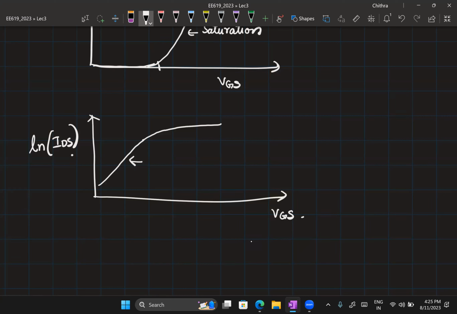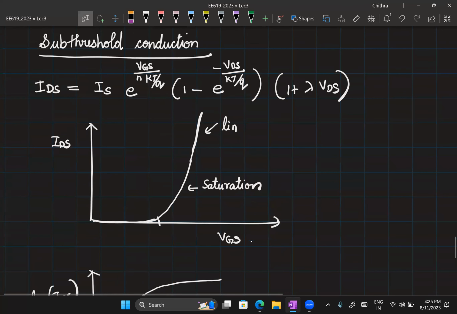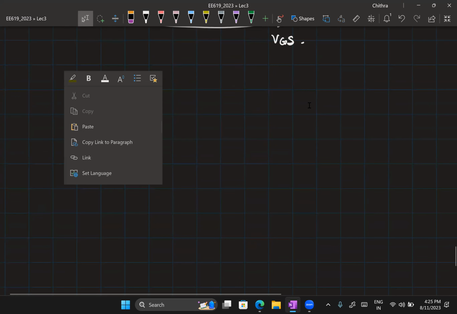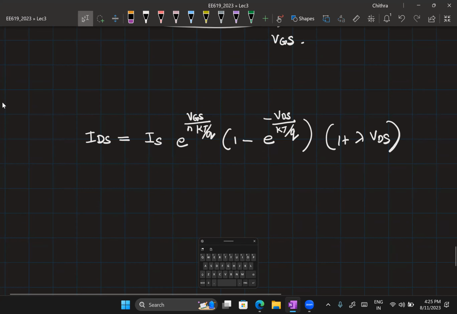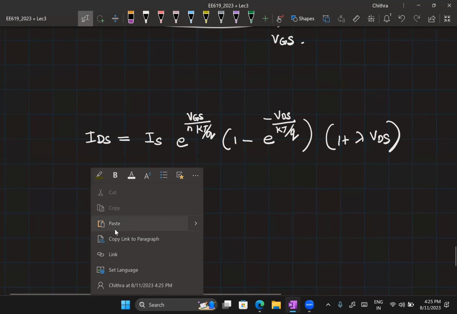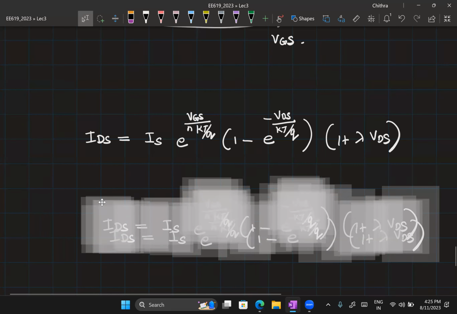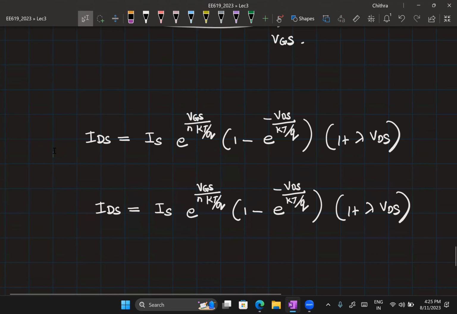So how we quantify this is in the following method. Let's say I want my current to reduce by 10 times. How much should the VGS drop? Okay, so let me copy this equation. So I want the current to drop by 10 times.